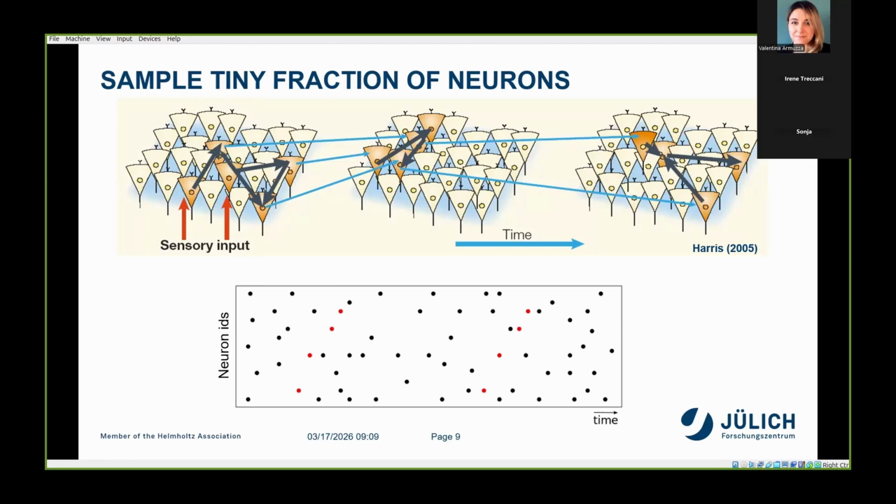I skipped all these spike sorting issues, because there I would have to talk for 1 hour or more. Typically you record neurons which are up to 60, 80, maybe 100 micrometers away from the electrode. And typically you see on each electrode a mixture of a number of neurons.